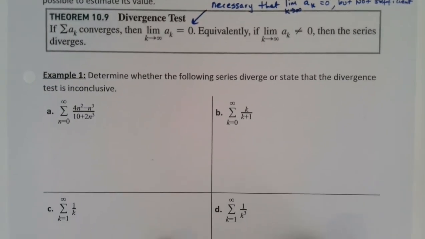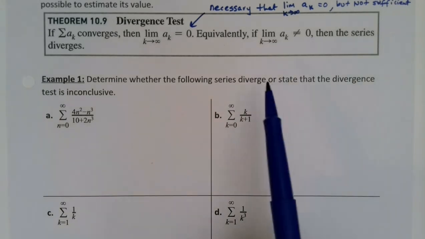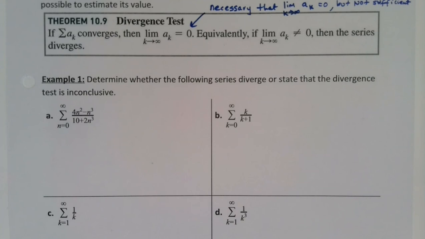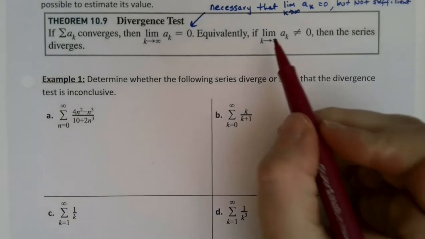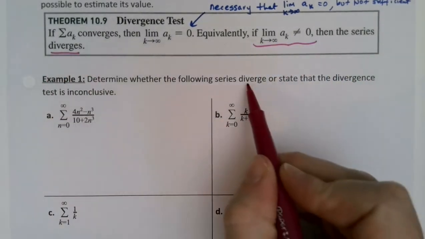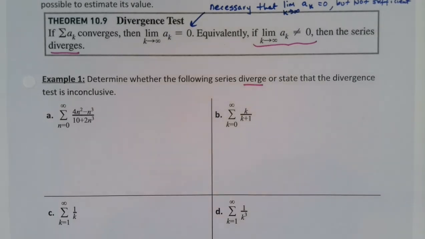Let's figure out whether these series diverge or state that the divergence test is inconclusive. You might be thinking, what does that mean? If the limit is not 0, then the series diverges. That's the divergence test. The divergence test is inconclusive if the limit is 0.